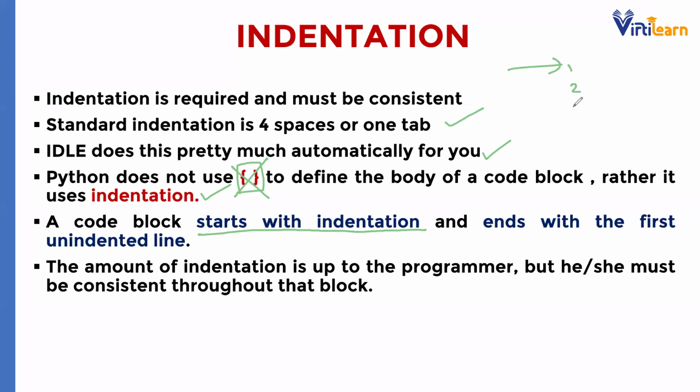After writing the first line, second line, third line, fourth line, if I want to exit the block and not group the next line in it, I'll remove that indentation. So these four lines are a block, and this space we call indentation. That's it. It's up to you how much indentation you want to give, but whatever you follow, keep it consistent.